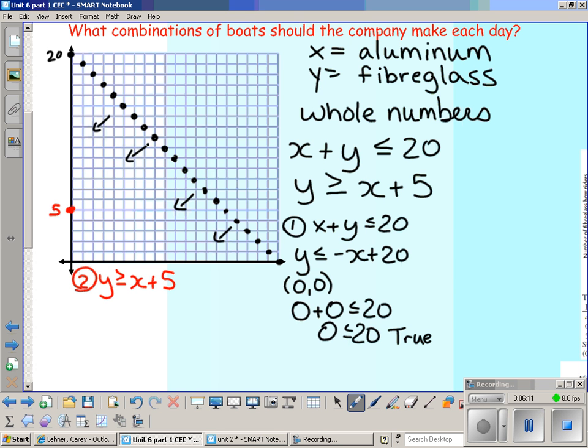That is our intercept. Our slope is 1 over 1. So we're going up 1 over 1, up 1 over 1, etc. And again, because of the equal sign, we do not put a dashed line. They are just dots on the intersection of the grid, on the whole numbers.